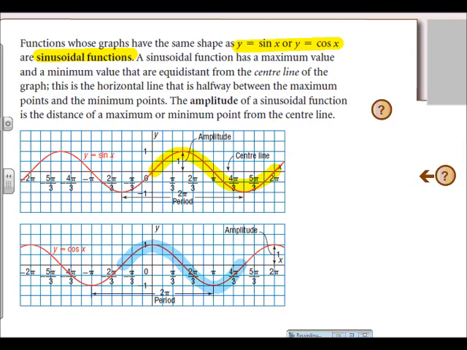They're exactly the same functions, just translated over from each other. That's all they are. They have the same center line, the midpoint, the midline. They have the same amplitude, which as we can see, the amplitude is 1. They have the same period, which as we can see is 2 pi.